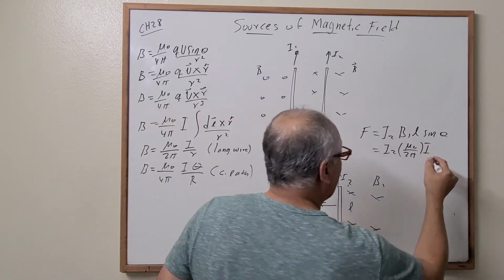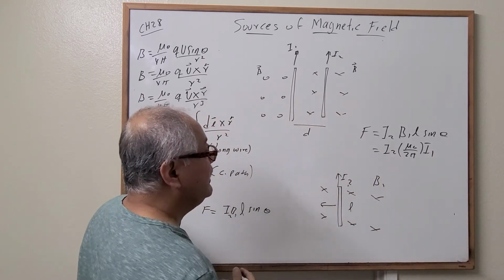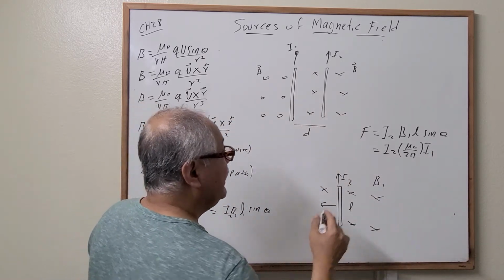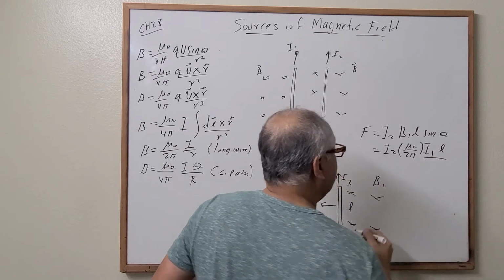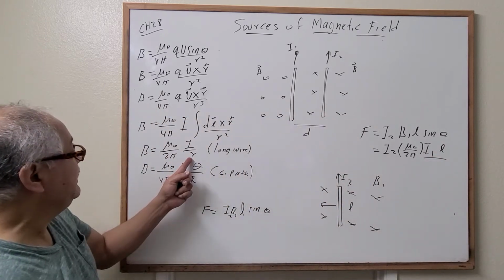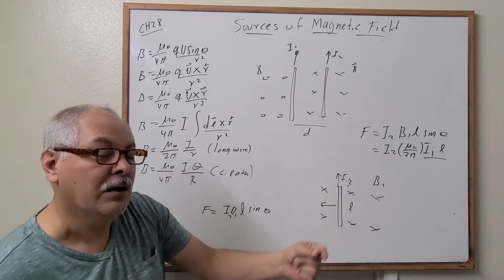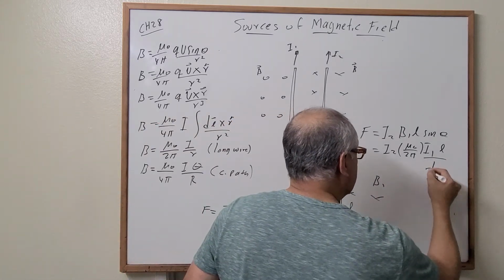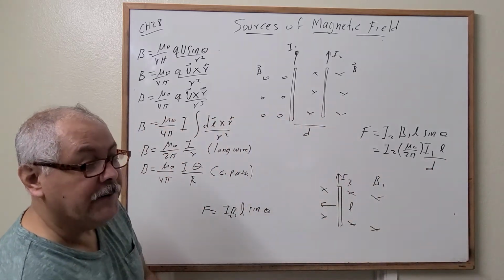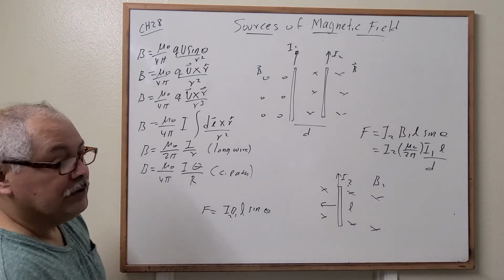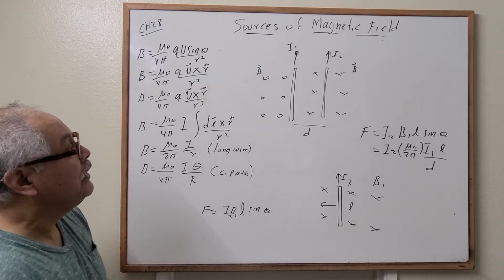It's current 1, divided by the distance. We call it D, or R, the distance between the two wires.